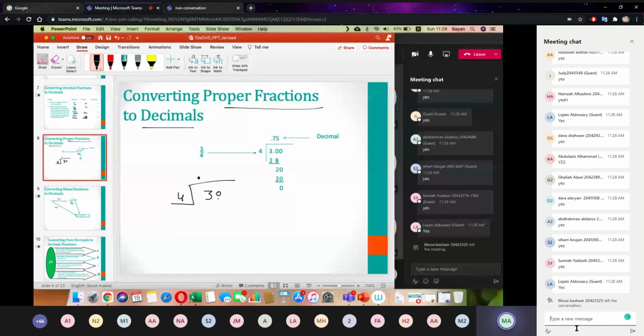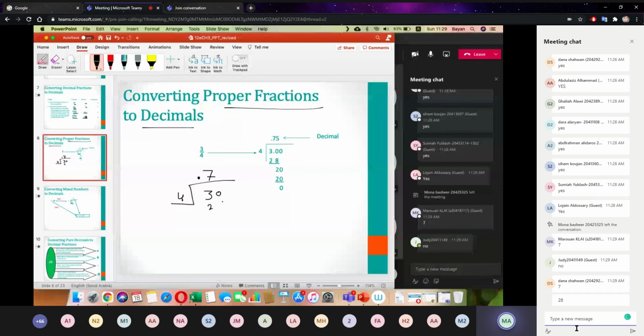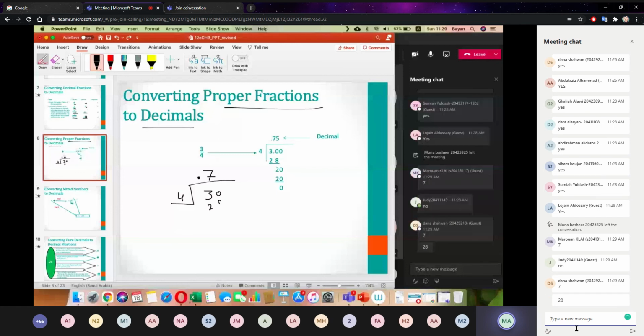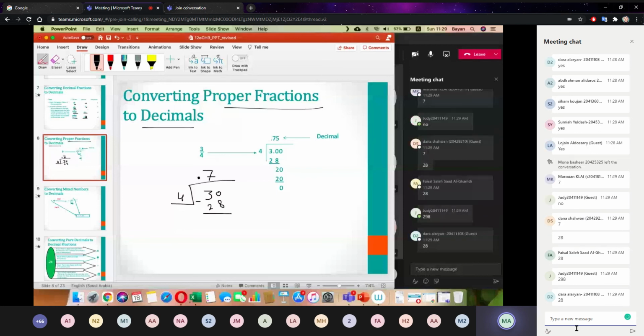Now becomes 30. Any value multiplied by 4 will give you 30 or close to 30. 7, right. 7 times 4 will give you 28.